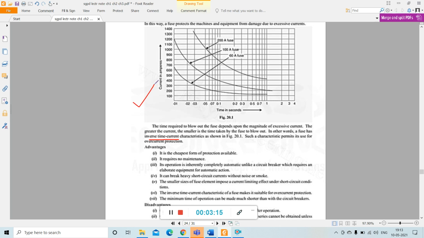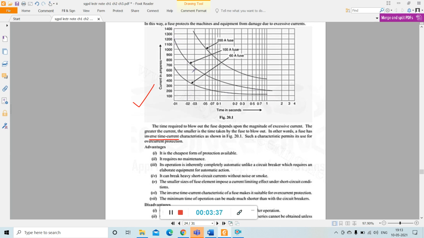This is showing the inverse time current characteristics. See, when the current in the fuse is at a higher level, the time is lower, but when the current is lower, the time is higher.